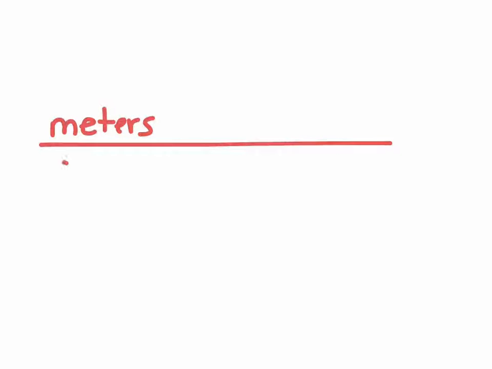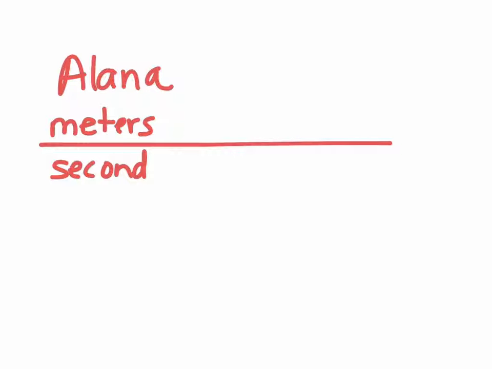In your rate table, it's going to be important to notice that you're going to want to organize a rate table for each of your characters. So for example, if I'm working with Alana and her walking rate, I'm going to use a rate table maybe that compares meters and seconds.